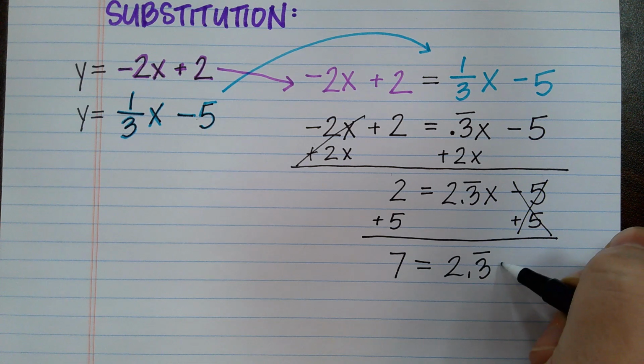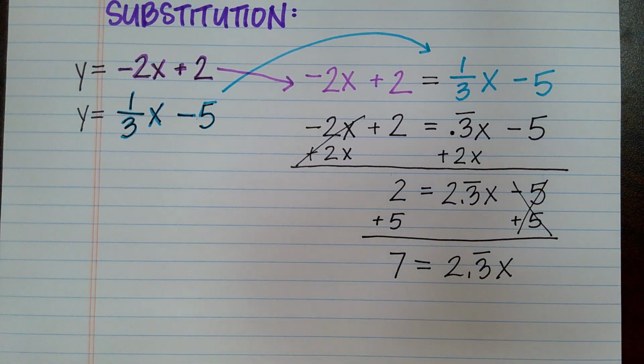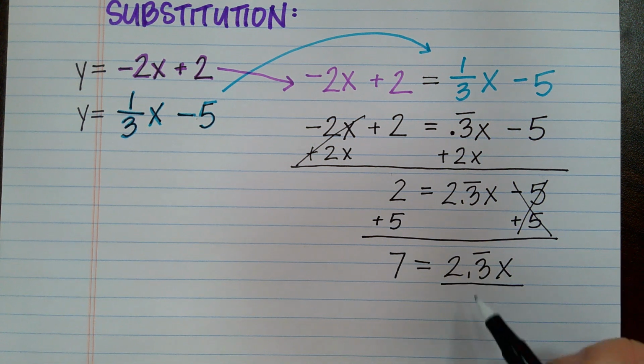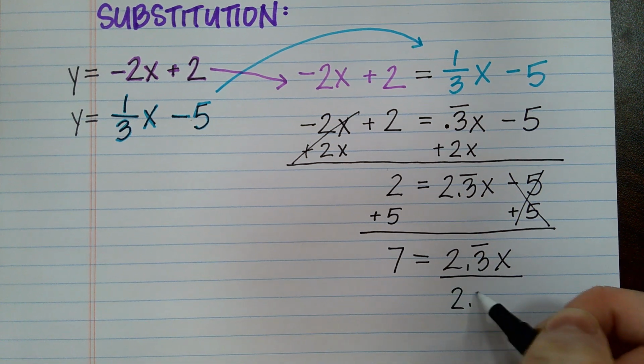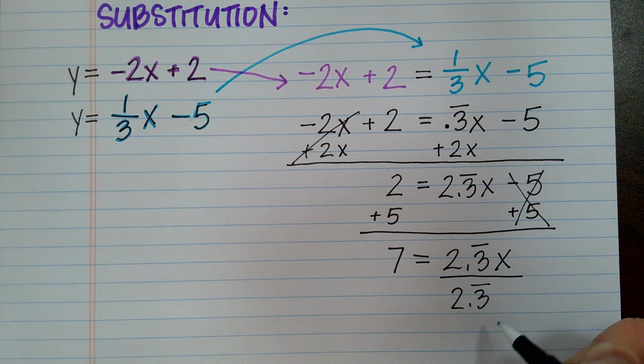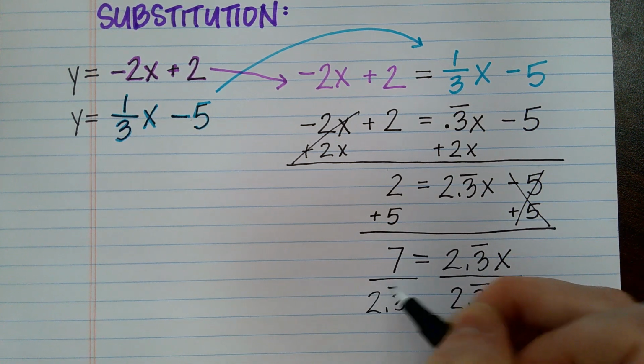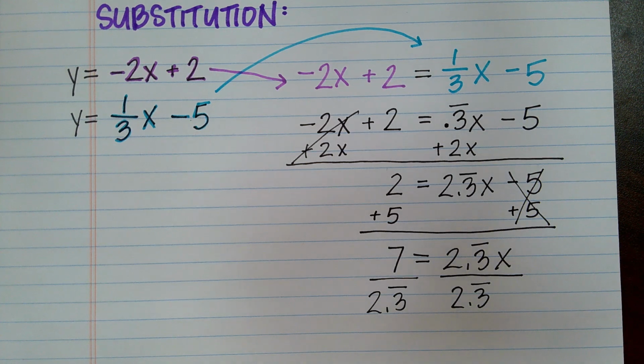Now we divide by 2.3 repeating. Now, if you want to get that 0.3 repeating in your calculator, the only way to do it that I know of is typing in 1 divided by 3.